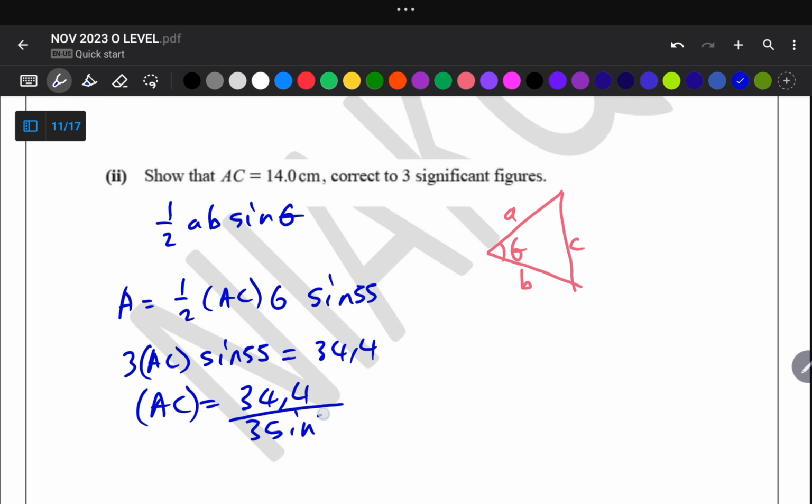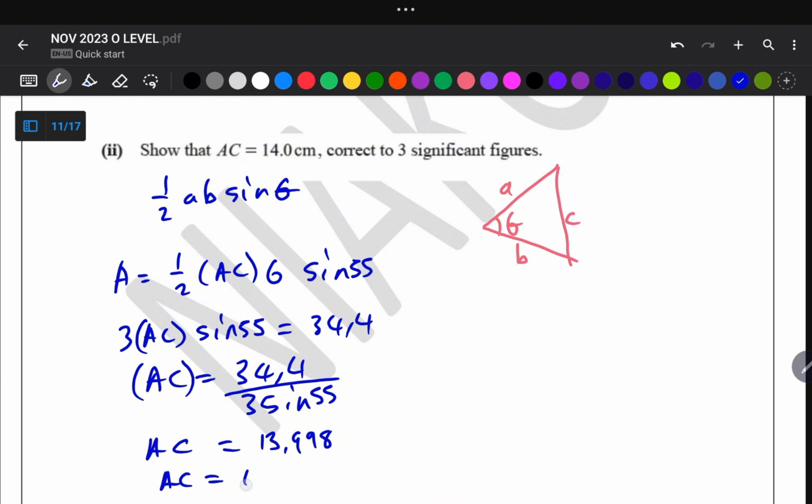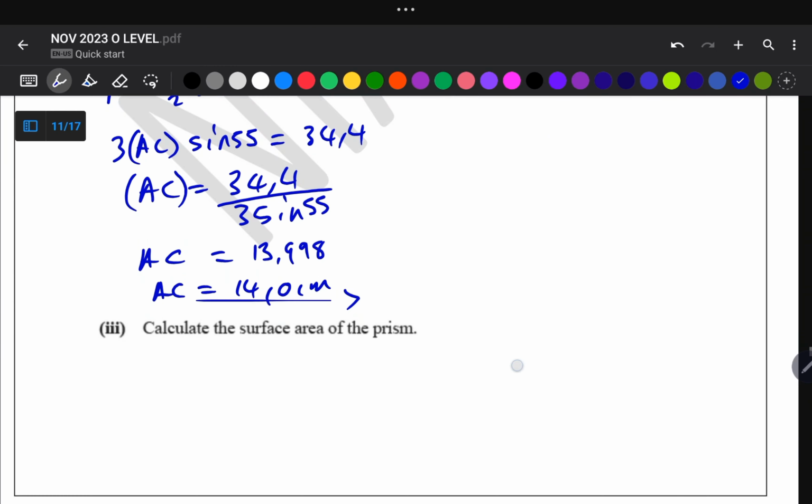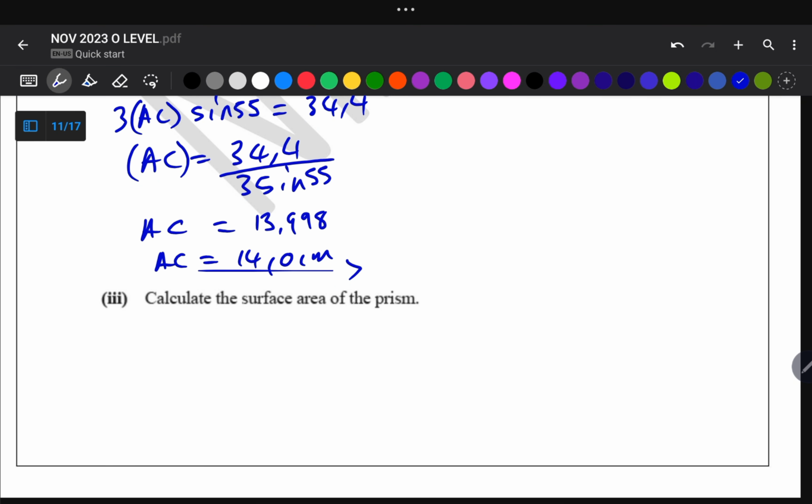So AC is equal to 34.4 divided by 3 sine of 55, which is equal to 13.998, which is approximately equal to 14.0 centimeters.